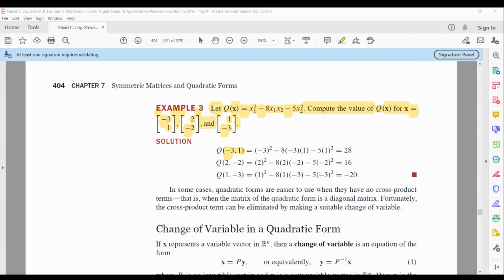You can do the same for the quadratic form evaluated at 2, -2, and at 1, -3. Hopefully that's pretty straightforward. Are there any questions on example 3, what they're doing there?